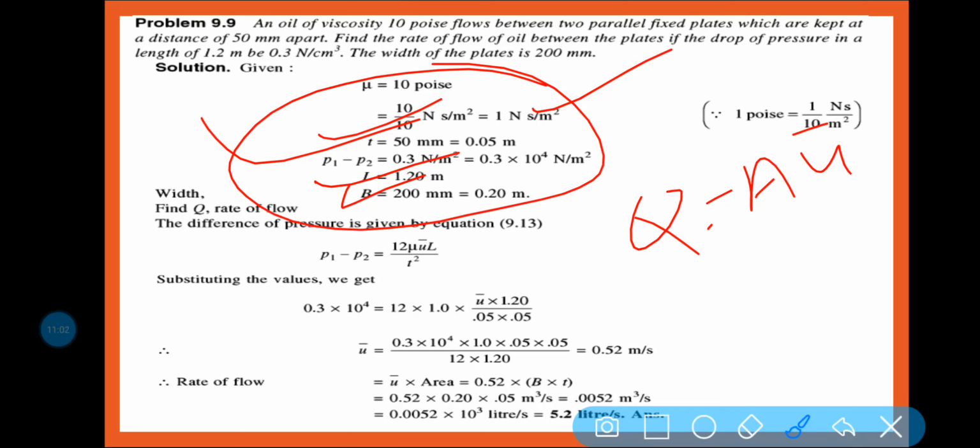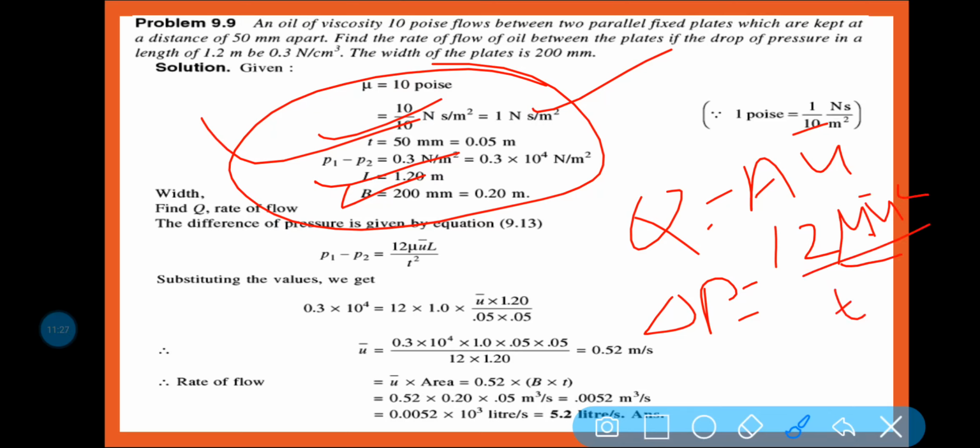Yes, the pressure difference is given. So I know the relation between pressure difference and the average velocity, that is del P is equal to what? 32. Remember, it is for a plate. If it is a circular pipe, then it will be 32. But here it will be 12 mu u bar L by T square.